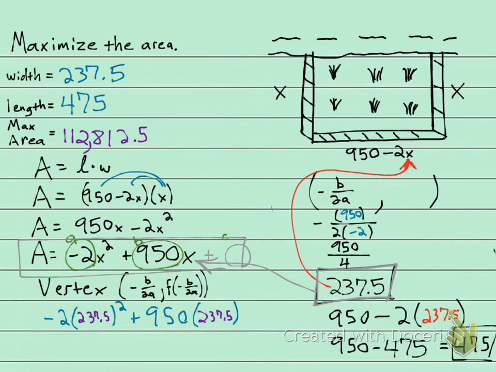Oh, why not? I'm going to do it on the bottom. So when I plug it in, negative 2 times 237.5 squared, which is 112,812.5, plus 950 times 237.5, 225,625, and let me put those together. 112,812.5, and that's it.